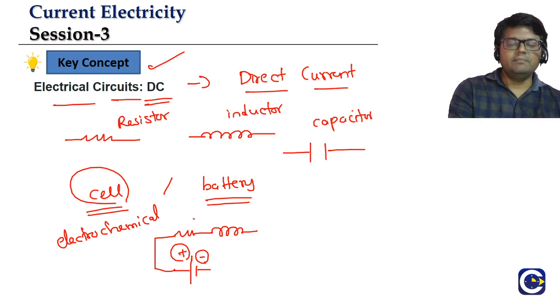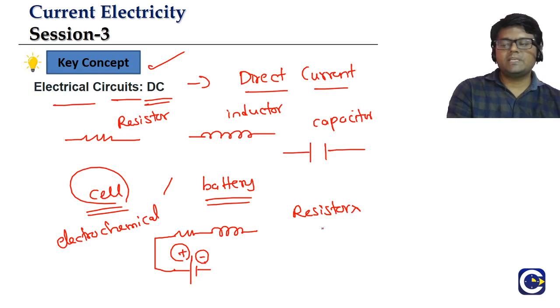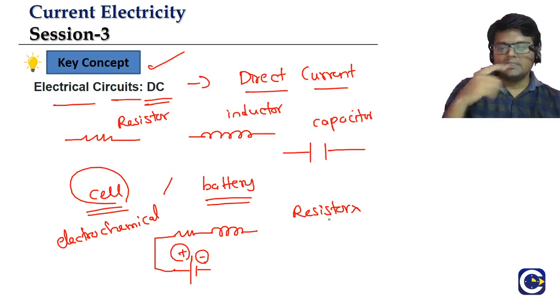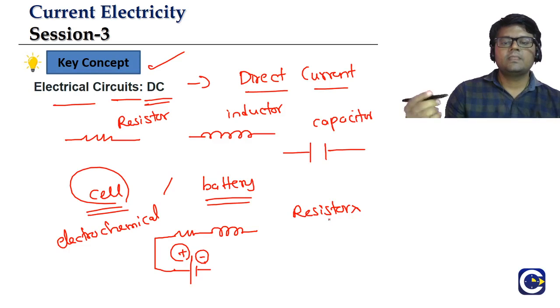If we attach these components, we can have various combinations. Maybe we'll begin with just resistor circuits. Then, especially for slightly advanced level questions, not in the regular NEET level but at the JEE Advanced level, we'll also have circuits with different components introduced, like inductors and capacitors. We'll study all these things as we go on.